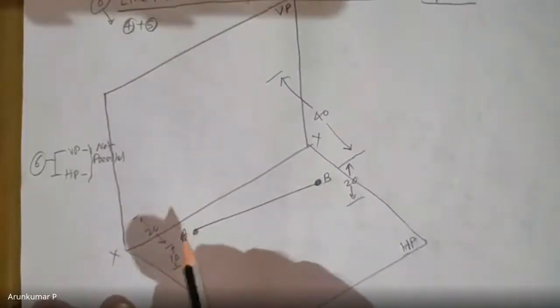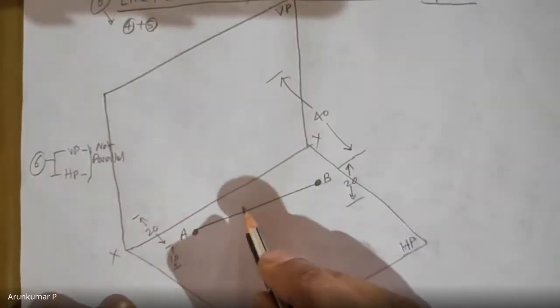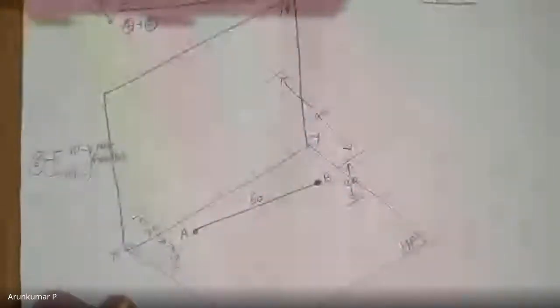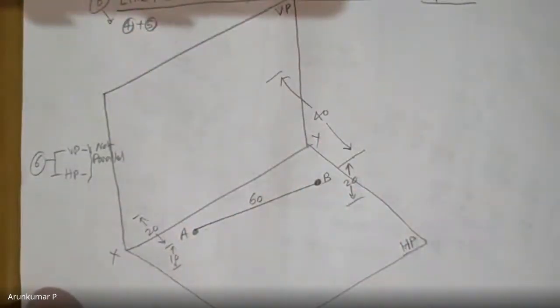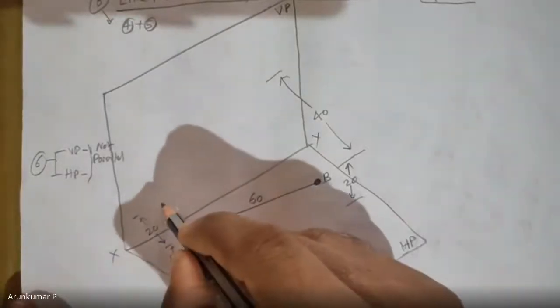Now the length of this line is, let us say, 60 mm. I want the front and top view of this line as it is in this position. I am not making it parallel or anything. Simple. I want the front view of this line, top view of this line. Let us draw it and see what we get.